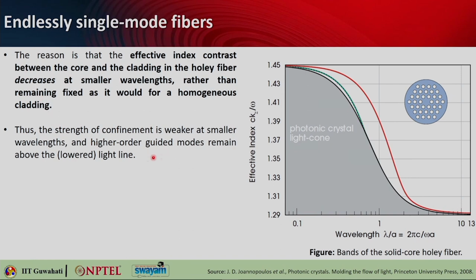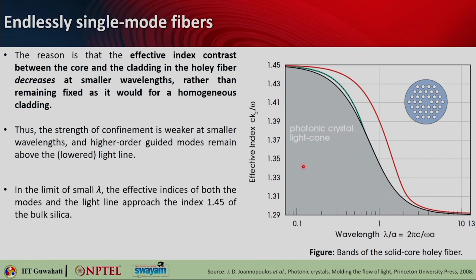So the higher order modes remain below the light line, so they are basically air modes, and they will be leaked. In the limit of small lambda, you can see the effective indices of both the modes and the light line approach the index of 1.5, which is that of bulk silica.